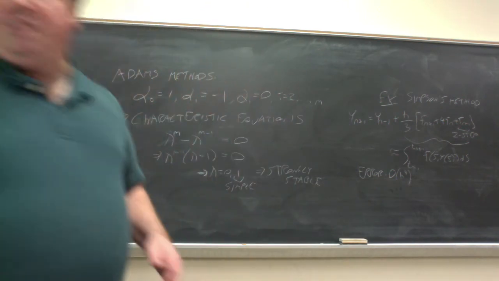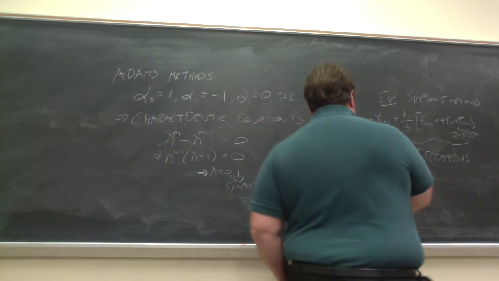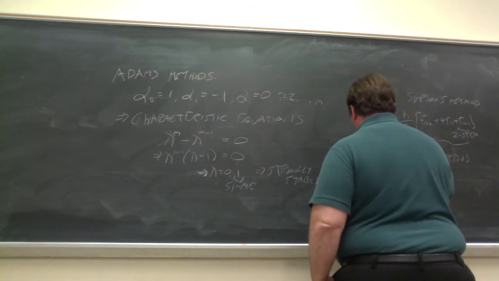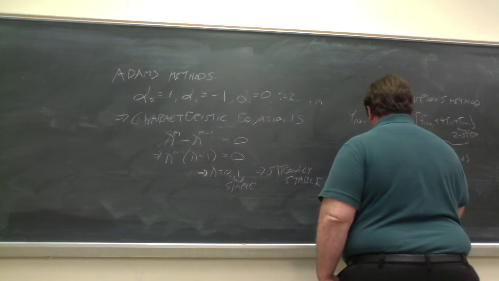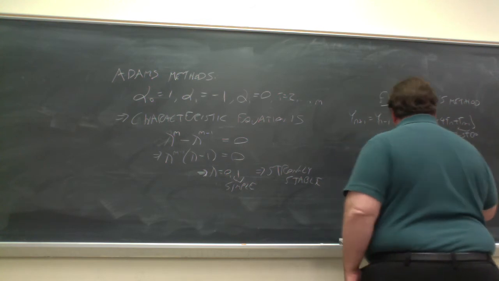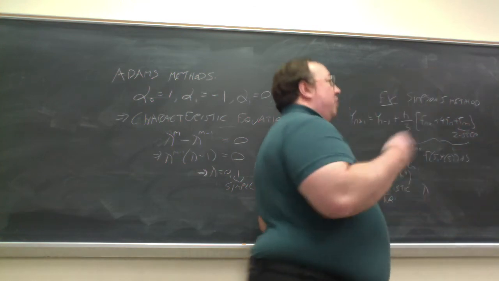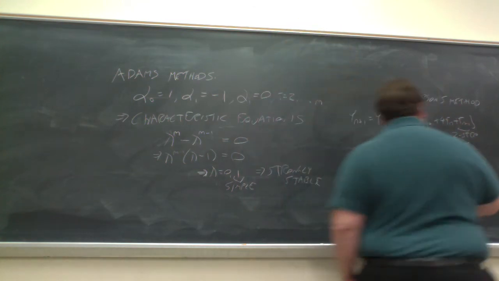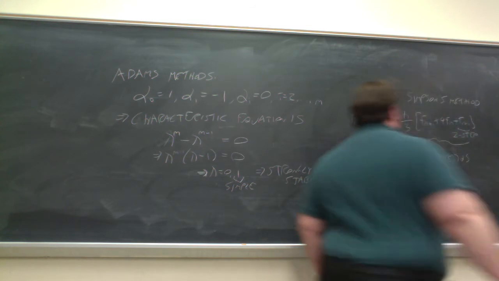But there's a drawback to this method because the characteristic equation, it's a two-step method, so it's a quadratic. So it's lambda squared minus 1 is equal to 0.